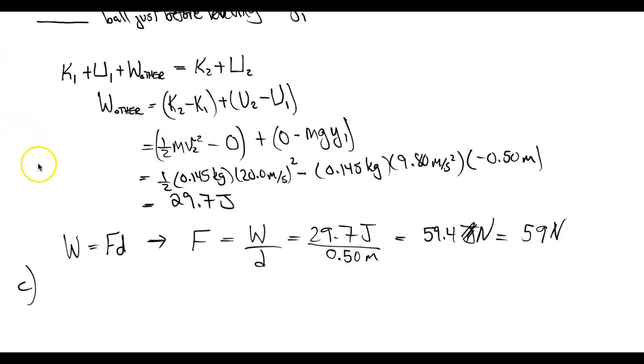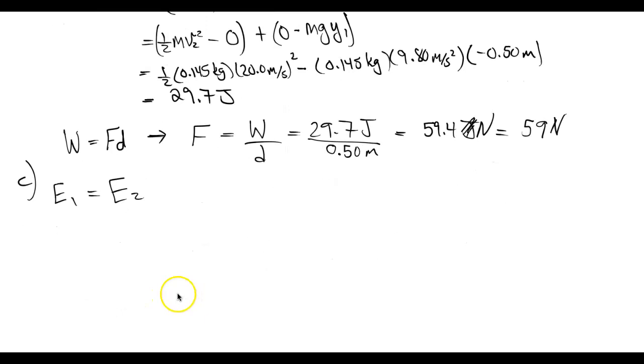For part C, we have still a mechanical energy conservation equation. Since there's no forces on the ball anymore, we can say that mechanical energy is conserved without any external forces. And now we can say that, let's call this E2 and E3 based on our picture. So we have kinetic energy 2 plus U2 equals kinetic energy 3 plus U3.